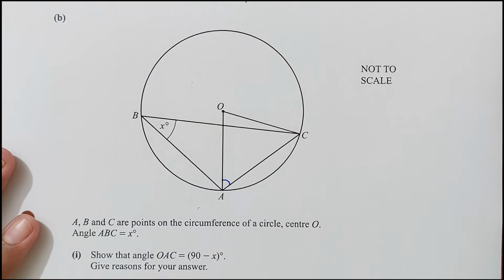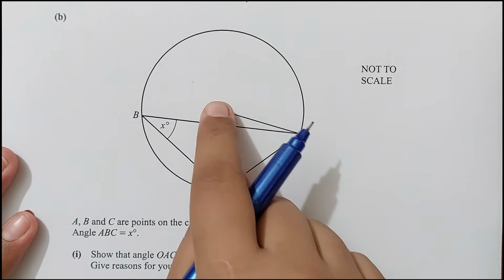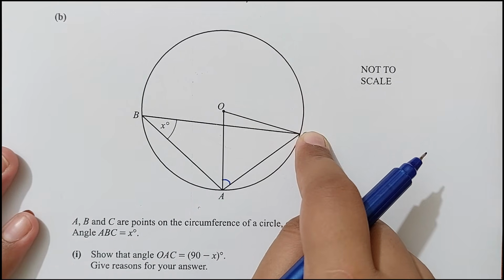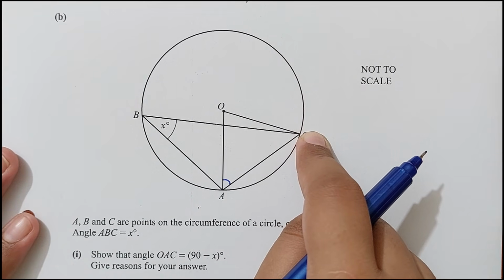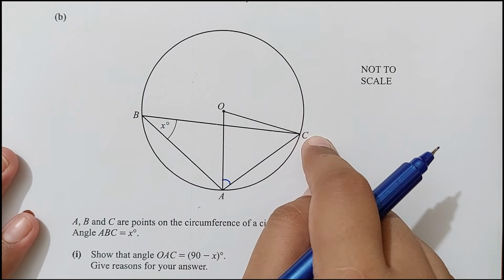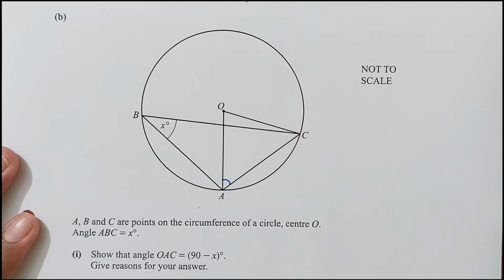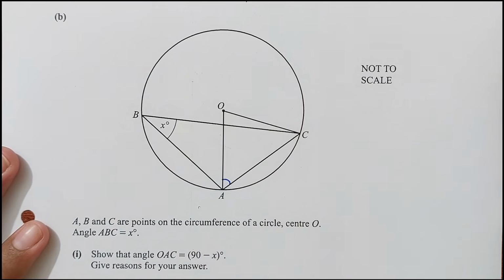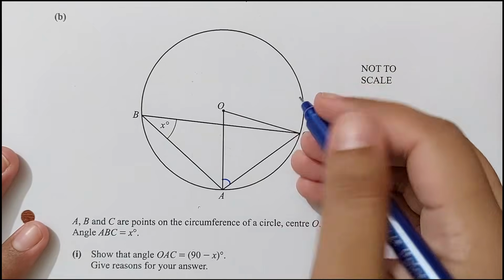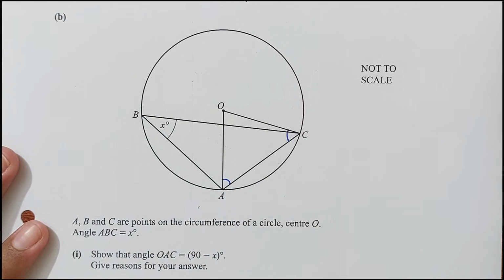First, we know that OA and OC are the same because these are the radii of the same circle. So the triangle OAC is an isosceles triangle, and the angle A and angle C are the same.